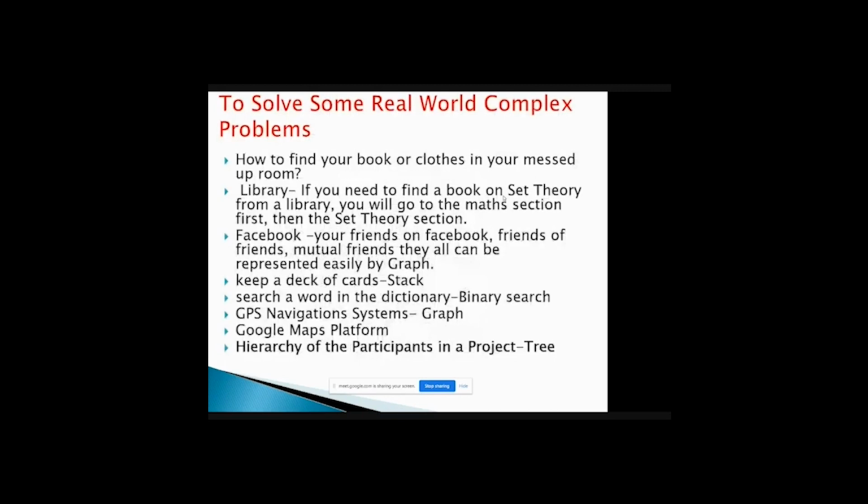Now, where do we apply data structure concepts in a real-time problem? To solve some real-world complex problems, the first thing, as I told, is how to find your book or clothes in your messed up room.